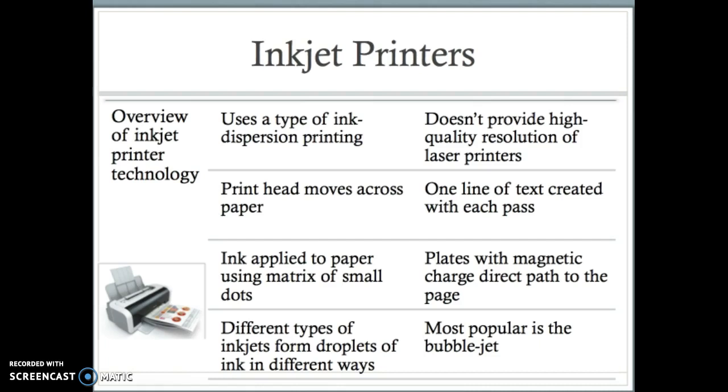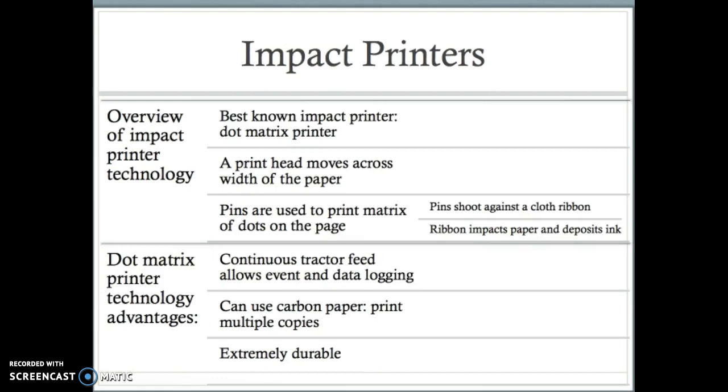So basically, you can read all the details about them as you go, but I'm just trying to expose you to a couple different types. Now, the impact printers, and some of you may have never seen these, are called dot matrix printers, and they have a print head that moves across the width of the paper, much like a typewriter kind of did, and the pins are used to print the matrix of the dots, and they shoot across this cloth ribbon.